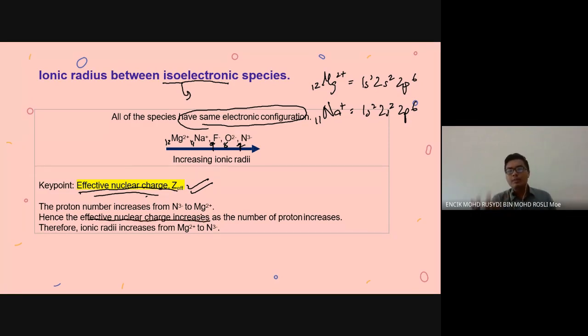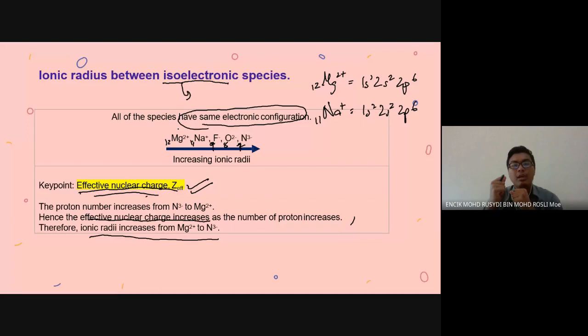Okay, so apa jadi bila effective nuclear charge bertambah? Dia punya attraction force between valence electron and nucleus tu pun bertambah. Therefore, the ionic radii decreases from nitrogen 3- to magnesium 2+. Yang ada proton number yang banyak ni, daya tarikan dia lebih kuat.